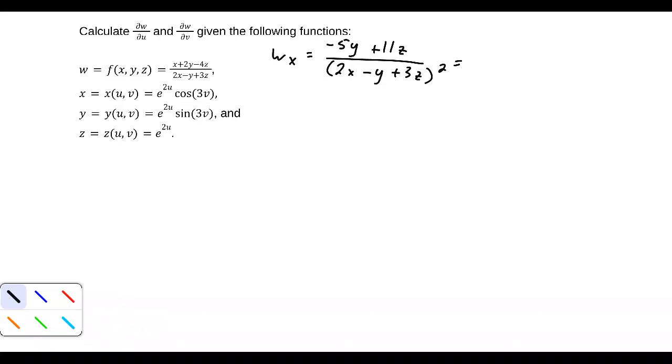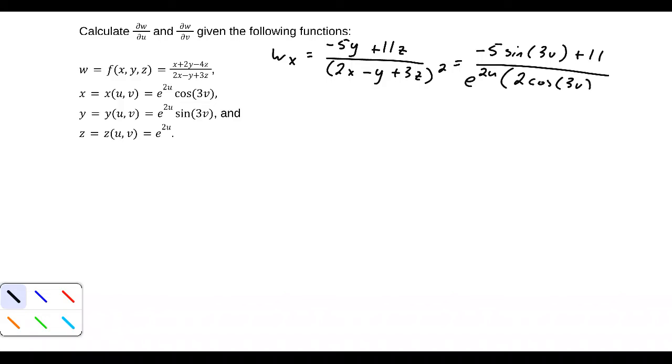a numerator of -5 sin(3v) + 11, and a denominator of e^(2u)(2 cos(3v) - sin(3v) + 3), and that portion of the denominator is squared.